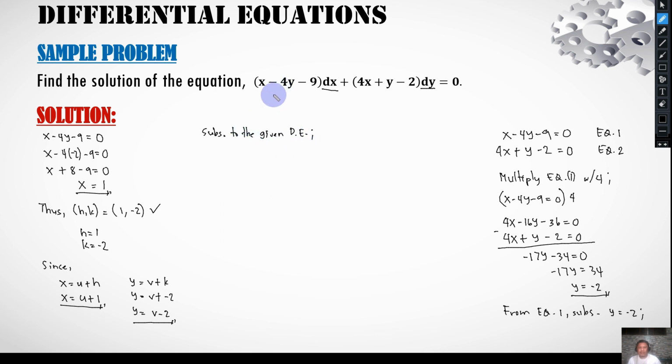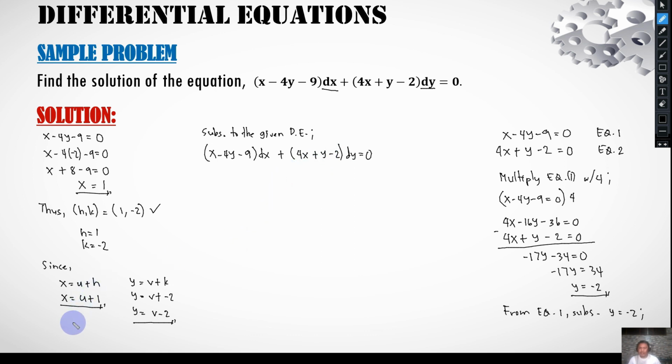Okay? So ito yung given natin. So we have now this x minus 4y minus 9 dx plus itong kabila is 4x plus y minus 2 dy is equal now to 0.